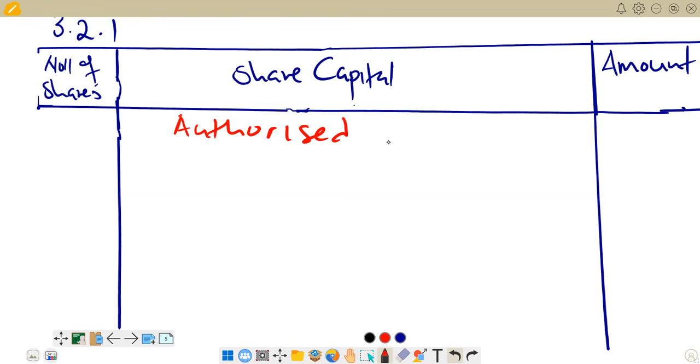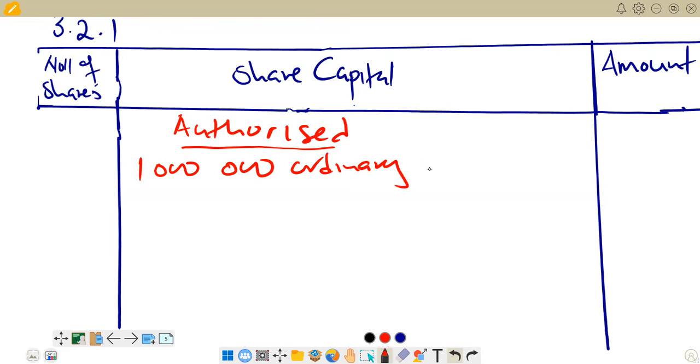Remember, the authorized share capital is just shown as a disclosure procedure, but doesn't affect any calculation. So we have got 1 million that has been authorized. 1 million ordinary shares at 1 Rand each.